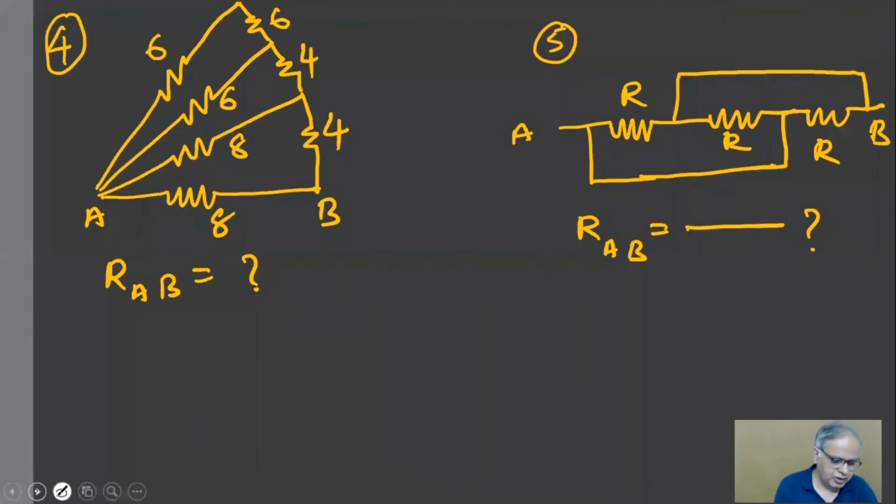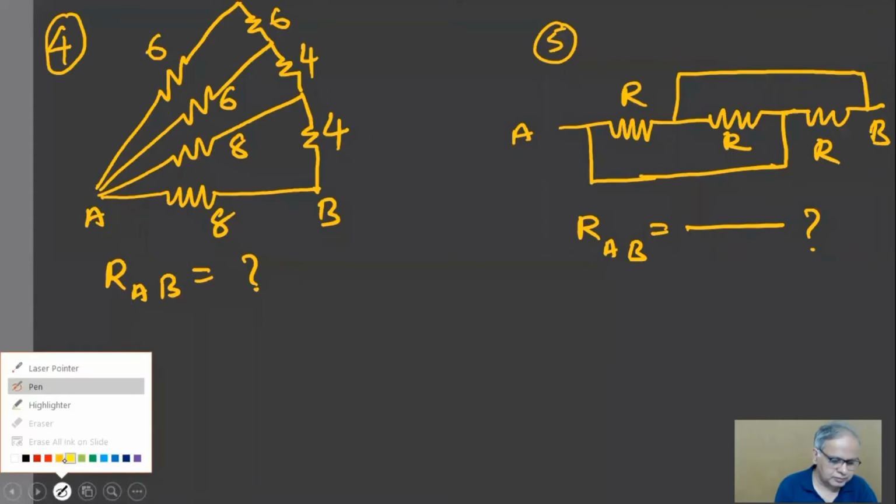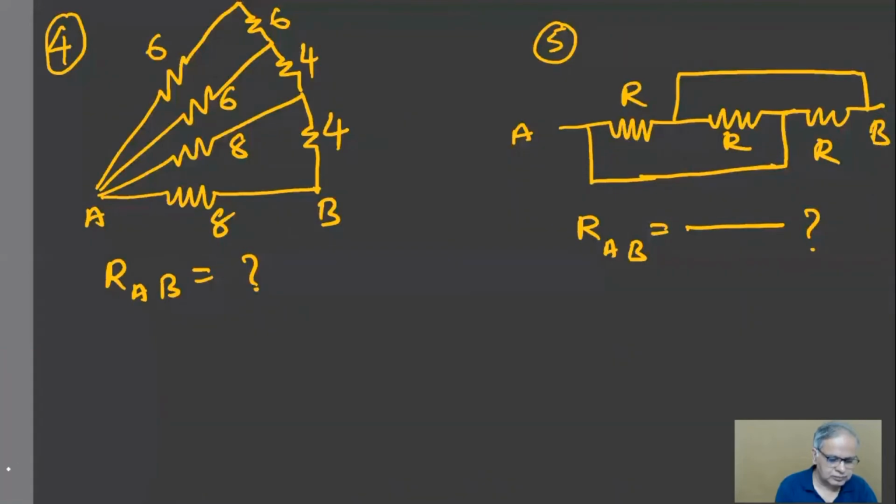Just find out the equivalent resistance. Anytime RAB is asked, what does it mean? Will you say it is 8 ohms because between A and B 8 is there? Children, you cannot.